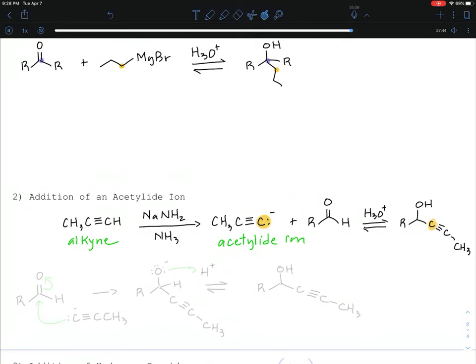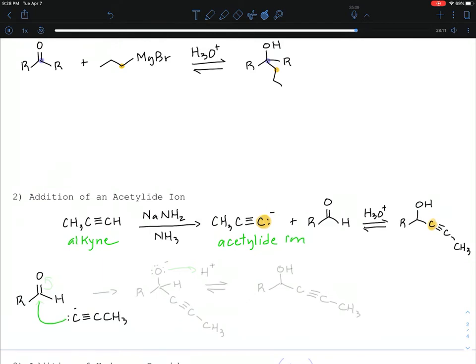And after we protonate the oxygen, we get the alcohol. But the acetylide ion is going to react just like you'd expect. So let me draw down here what's going on. And I'll draw it backwards so it's easier to see. Negatively charged carbon there.